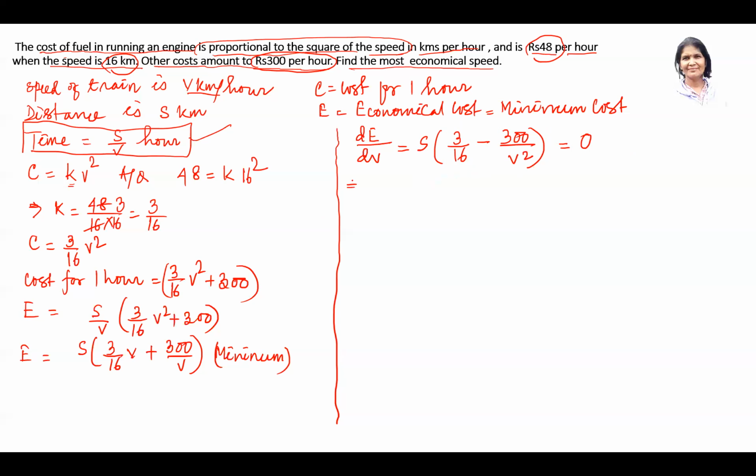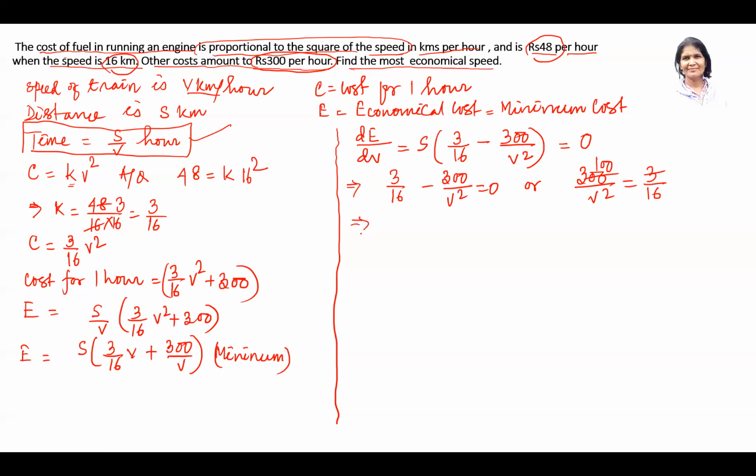So I'm getting 3 by 16 minus 300 by V square is equal to 0, or 300 by V square is equal to 3 by 16. So let us simplify.